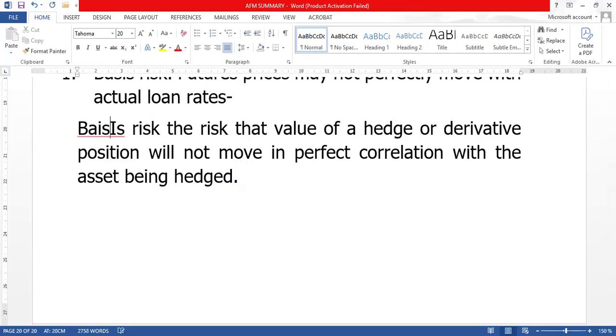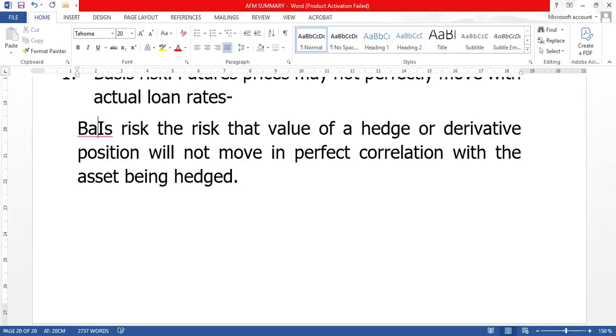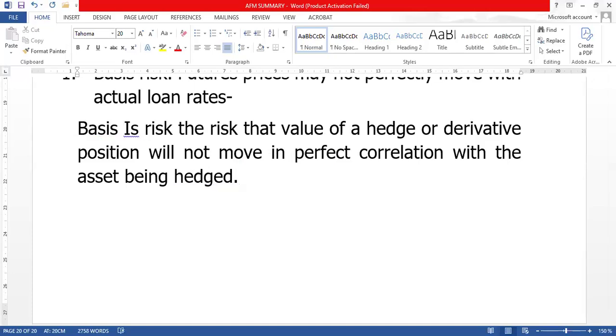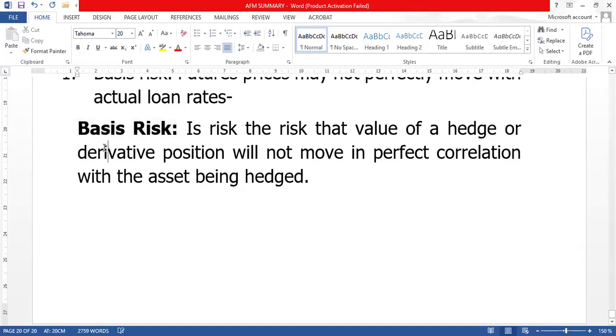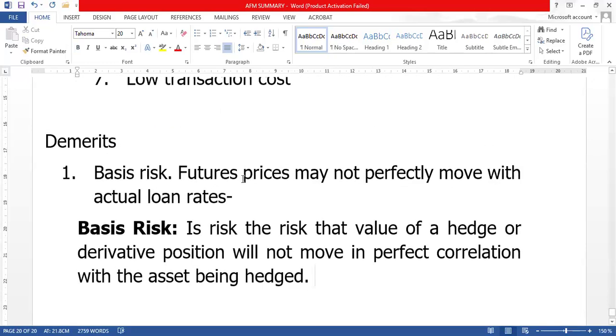So basis risk, this one was asked in May 2024. What is a basis risk? When you check the May 2024 paper, you'll find the examiner asked about the basis risk. Basically, this is because you're looking at the future prices against the actual rates.